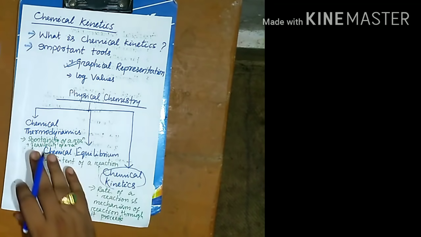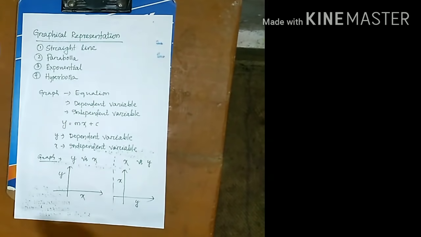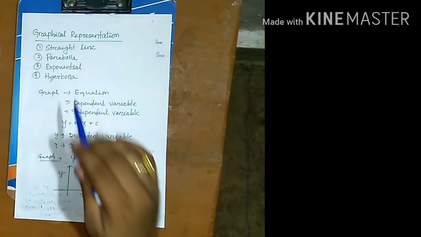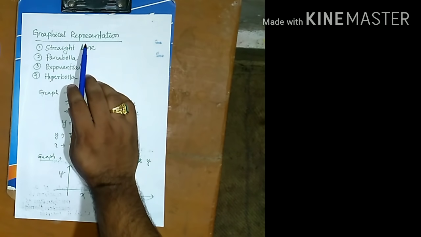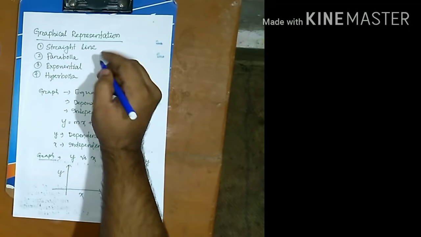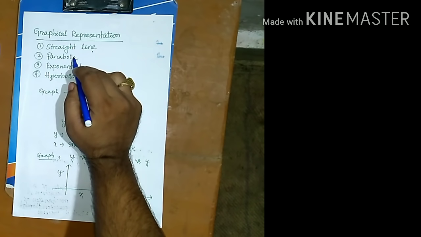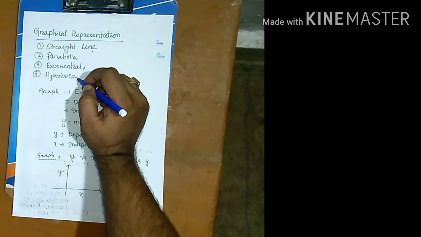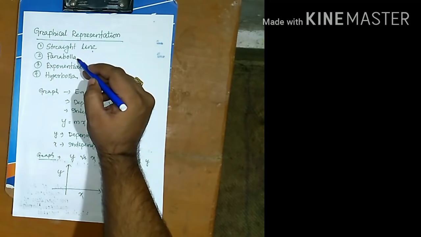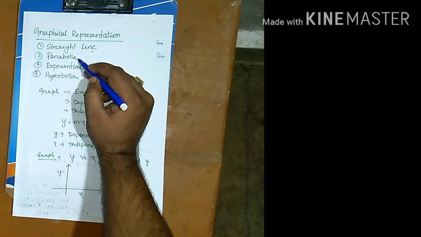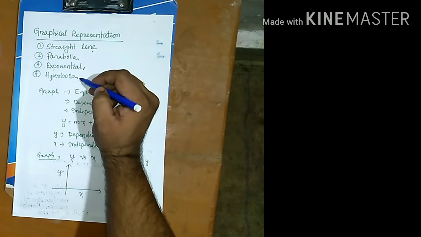Now let's go to the tools of the topic, or tools that we require. One is graphical representation, and there are four types of graphs that you will come across almost in chemistry: straight line, parabola, exponential, and hyperbola.